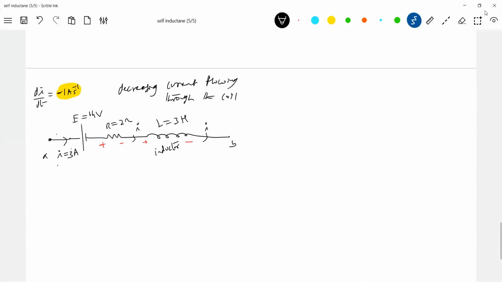Let's write the loop equation. VA minus E minus IR minus VL equals 0. VA minus E minus IR minus L di by dt, with sign I should substitute. It's a potential drop.